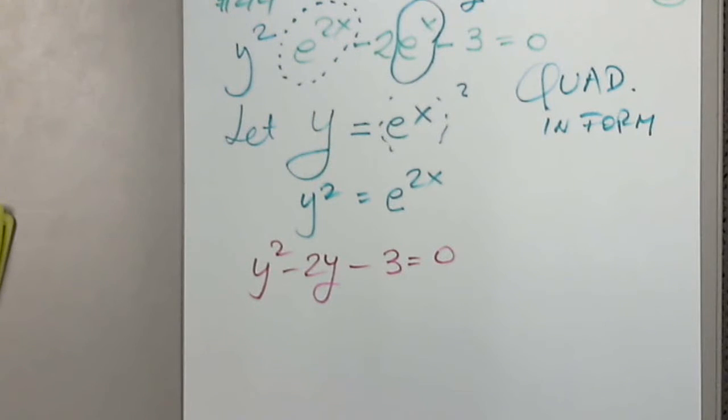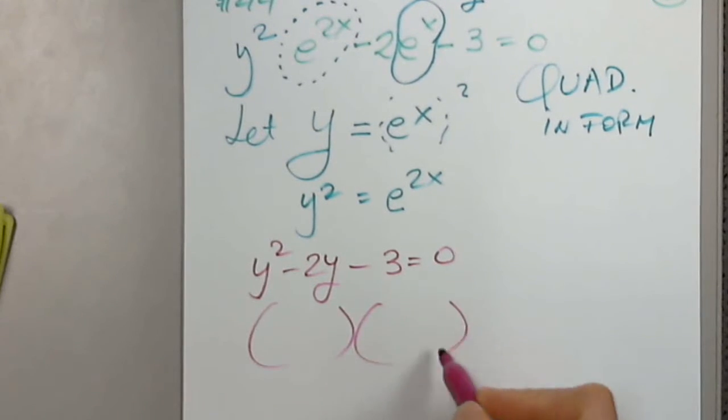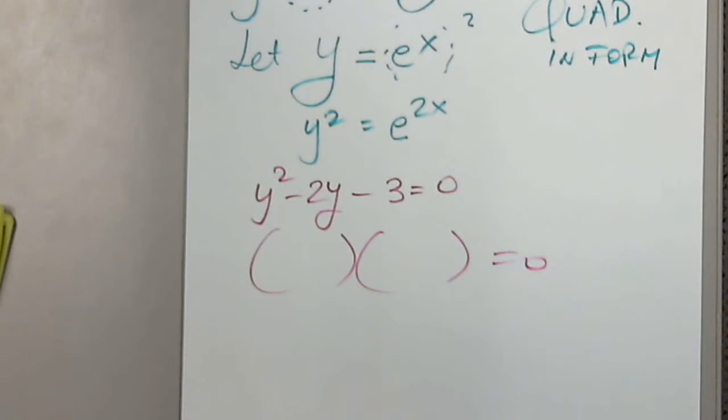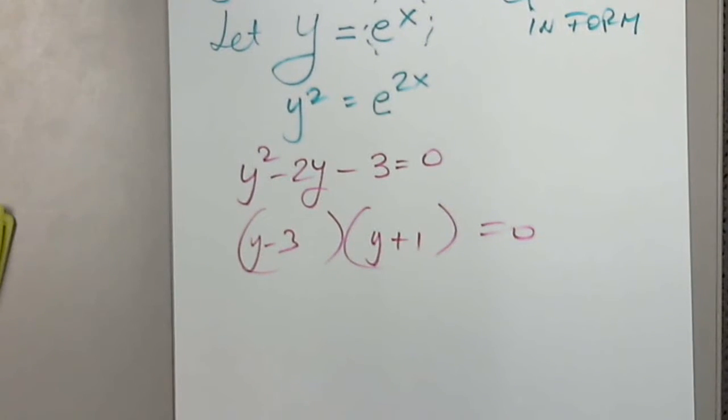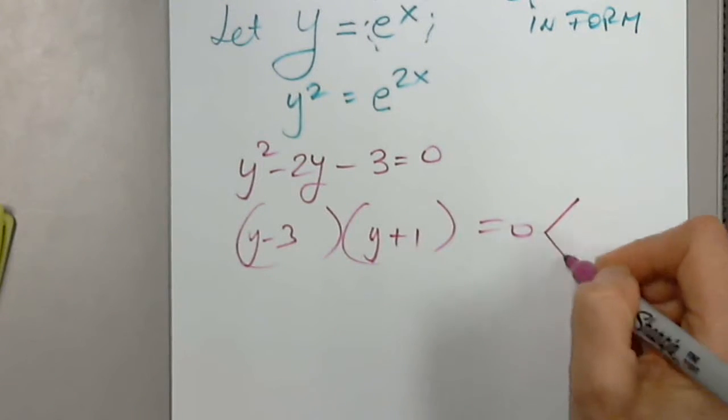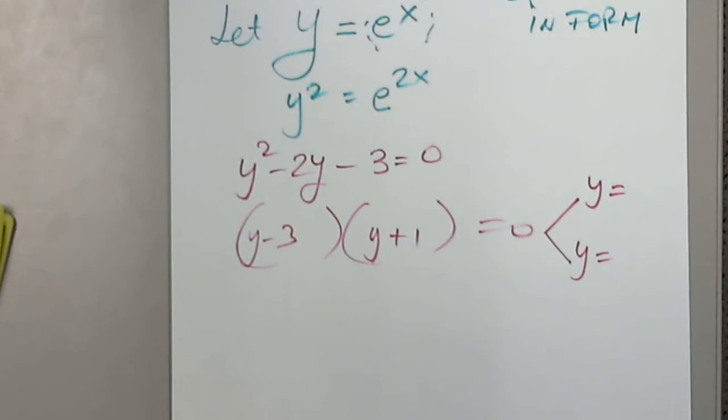But if you can factor it without using the substitution, it's fine. Good. So now let's factor. Y minus 3, correct? Good. So there are 2 options for y. What are they?